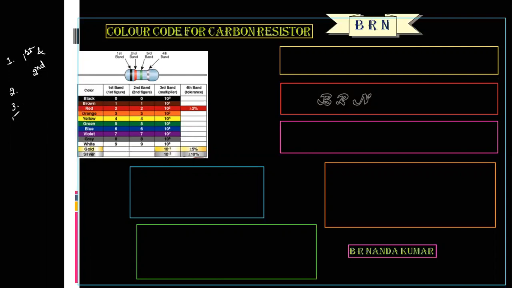The last one is that in the absence of the fourth band, the tolerance is plus or minus 20%. So these points are very important to find the resistance of a given carbon composition resistor by using the color code.